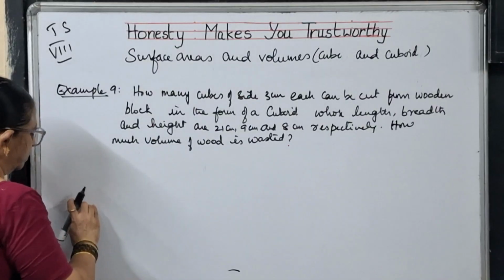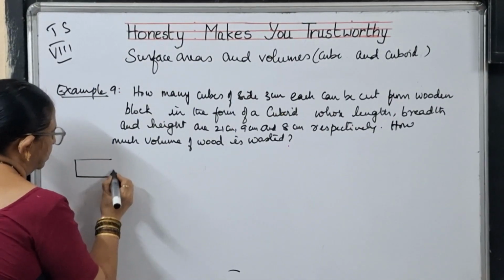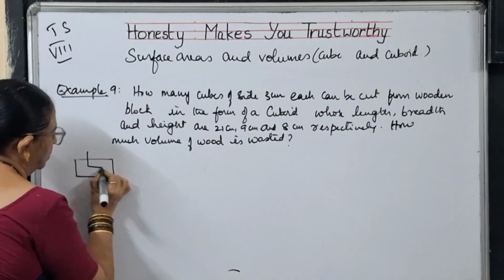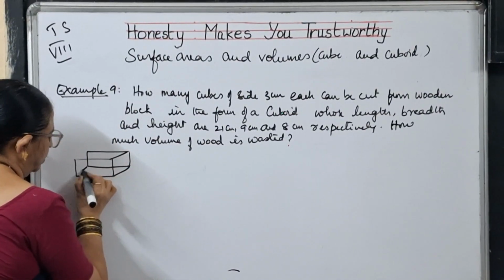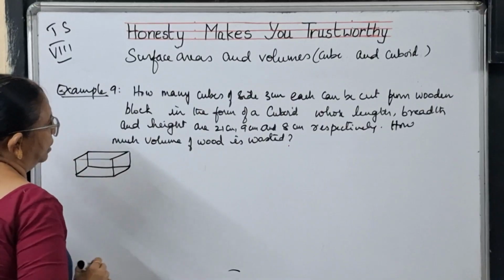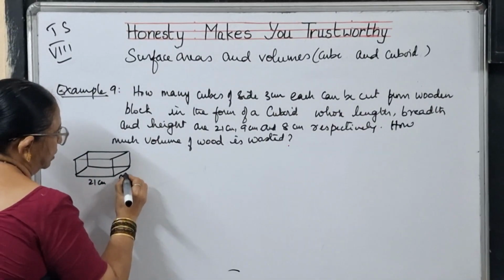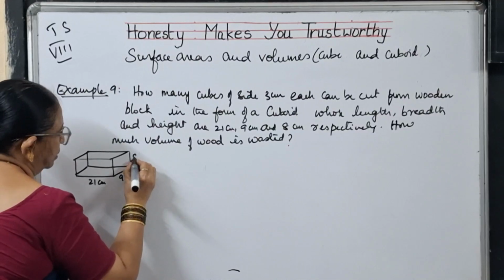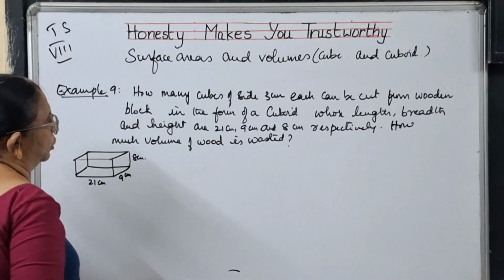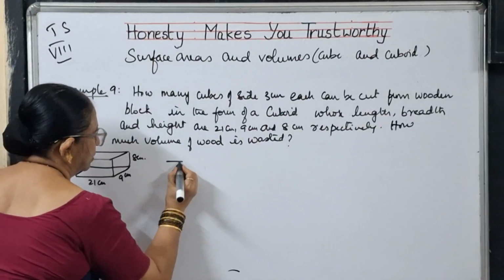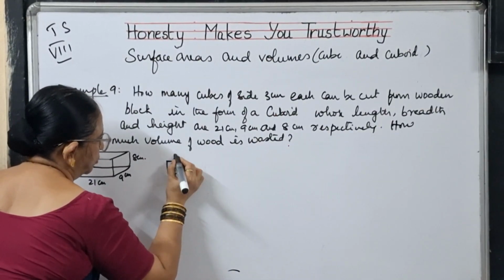That means there is a cuboid, children, with length 21 centimeters, breadth 9 centimeters, height 8 centimeters. From this, cubes are cut.